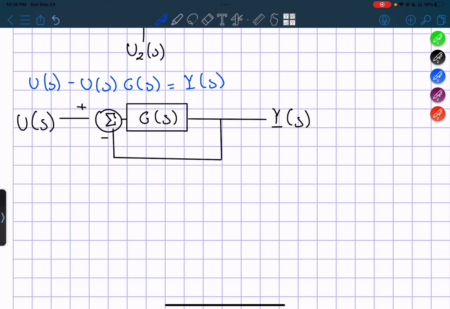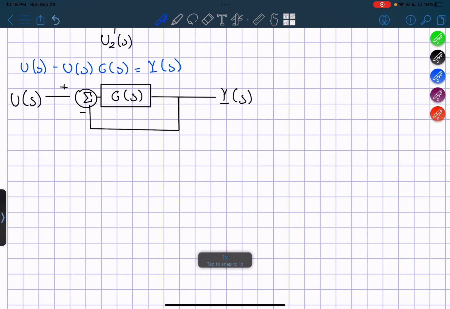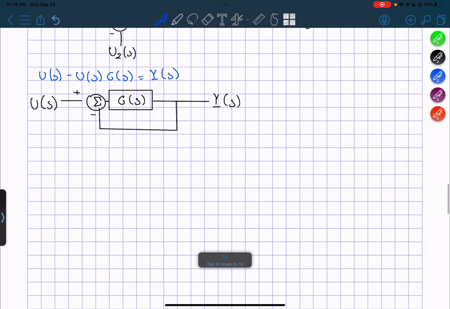All right. Another way to write this actually is by saying that y of s in terms of our input, which is our u of s, is equal to g of s over 1 plus g of s.